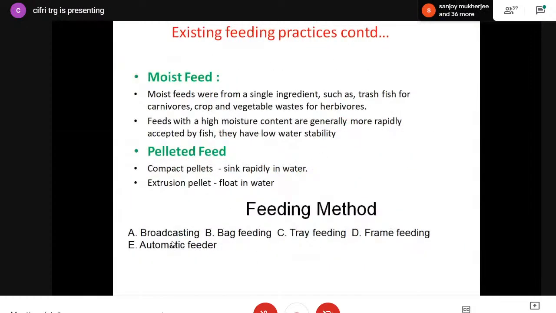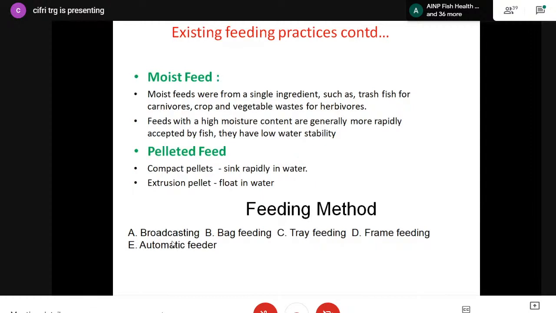And the kind of feed we are providing to fishes: we know that some are moist feed, some are pelleted feed, and again two types, sinking pellets and floating pellets. And for the feeding method, generally there are 4 or 5 systems. Some are broadcasting, some are bag feeding, some are tray feeding, some are frame feeding, and automatic or demand feeders.